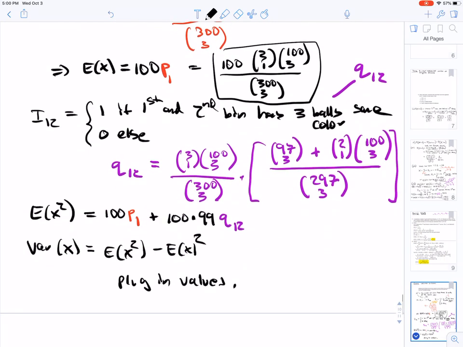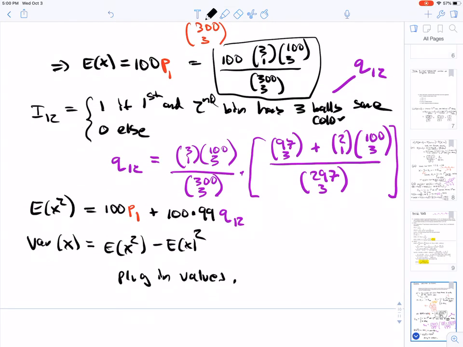Now, to find the variance of X, I'm going to have to find the probability that the first and second bin have 3 balls of the same color. Let's call that Q12. The probability that the first bin has 3 balls of the same color we've already seen, and now I need to multiply that by the conditional probability that the second bin has 3 balls of the same color, given that the first bin has 3 balls of the same color.